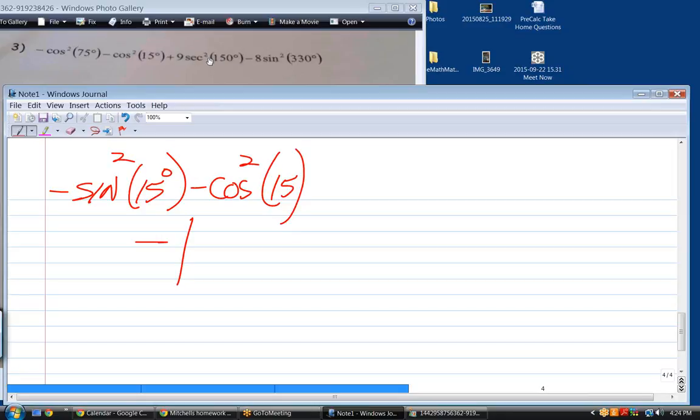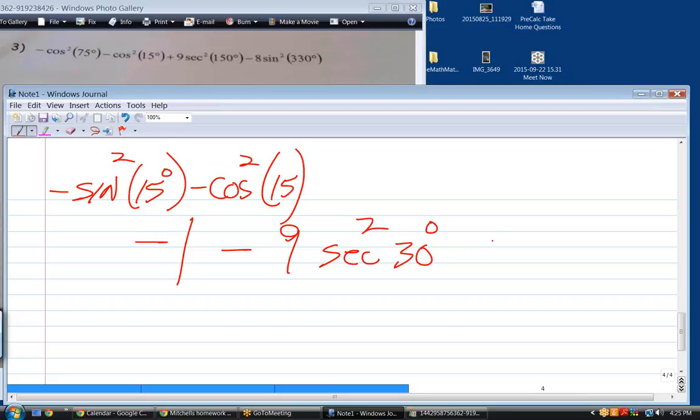So I can't just write secant squared of 30. That's not the same. But if I put a negative in front of it, it is. So I can say minus secant squared of 30. You with me?